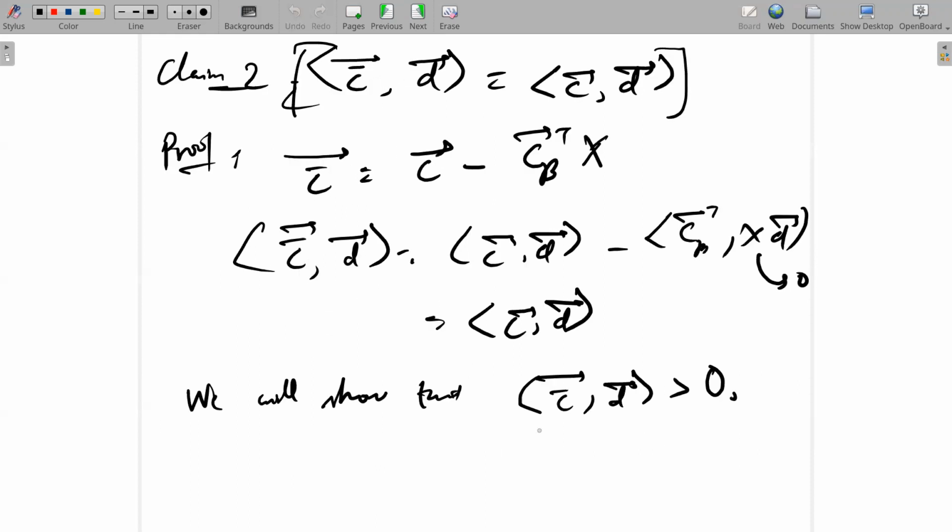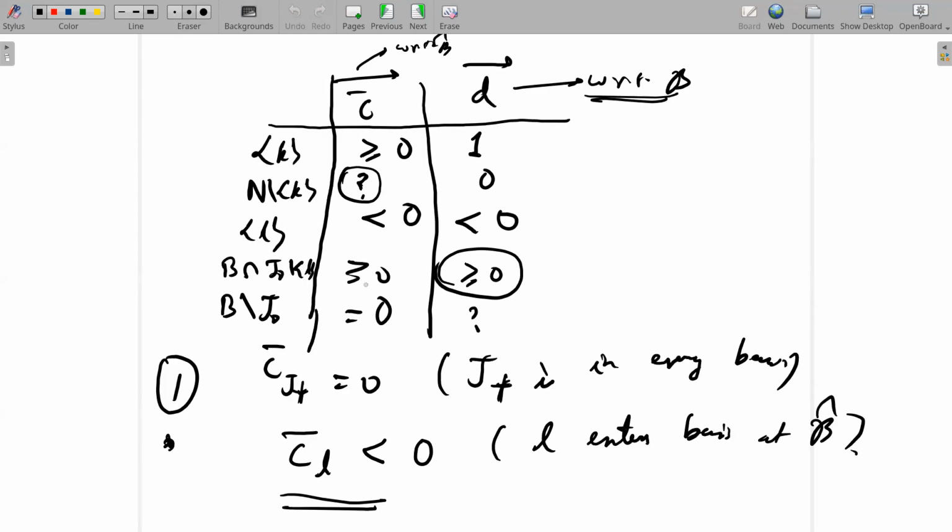We already know that C dot D is either strictly negative or 0, so less than or equal to 0. That's the contradiction I want to build. Working backwards, I want to show that all the entries of D corresponding to the indices B intersection J naught minus L are bigger than or equal to 0.